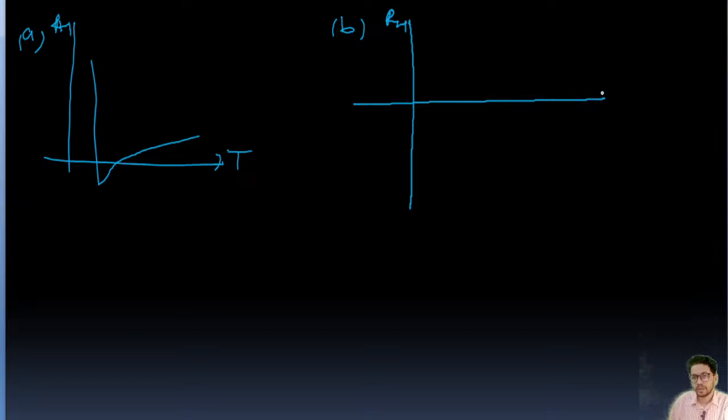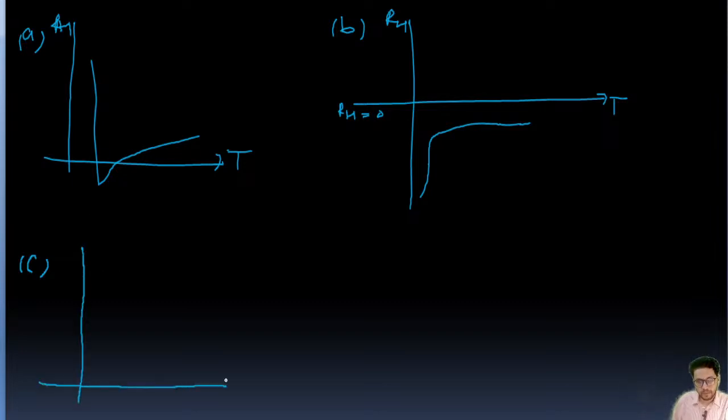This is T, and this is RH equal to 0 here, and the graph is like this. And option C, these are straight lines, the graph is like this, T and RH.